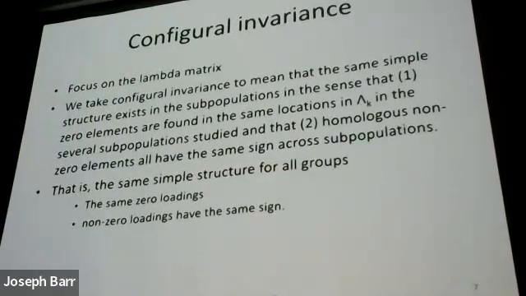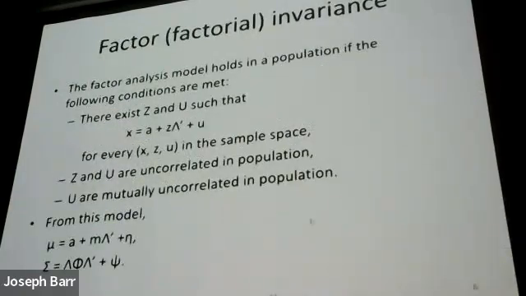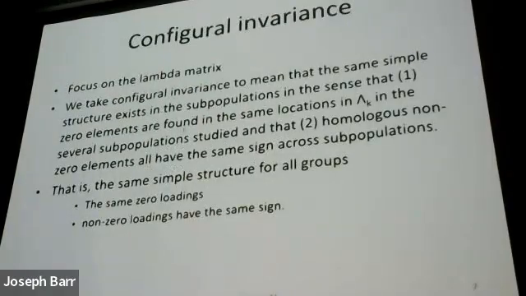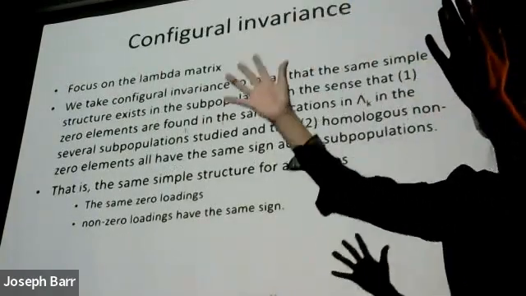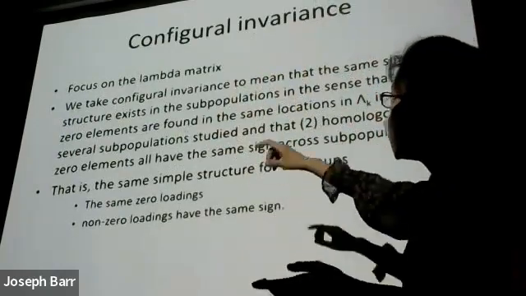So what is configural invariance? Previously was just a review of our factor models. Configural invariance is going to focus on the lambda matrix. Here we have a lambda matrix, and there we have a lambda matrix. We want to make sure the lambdas are roughly the same across groups.